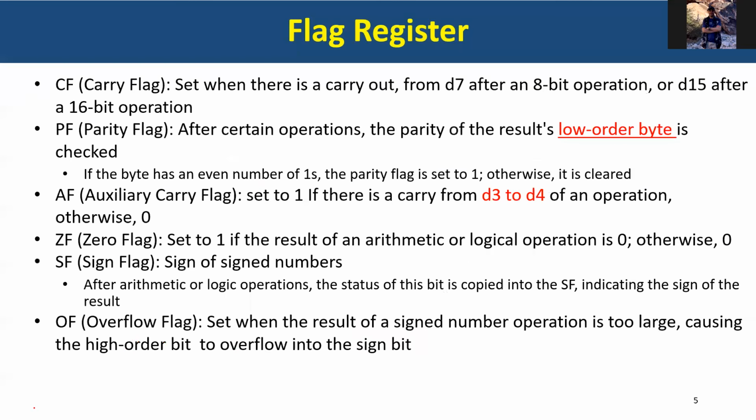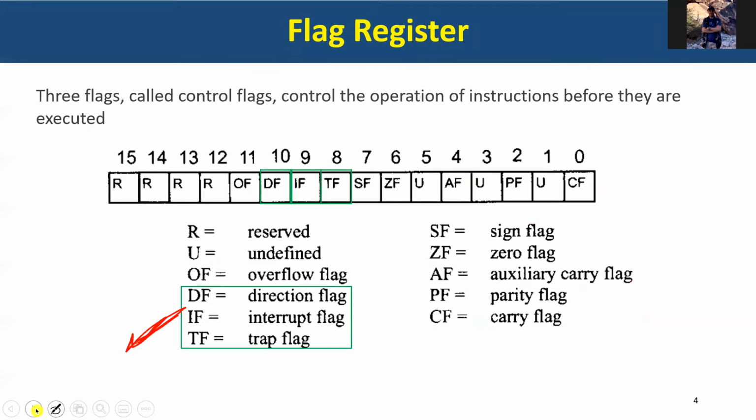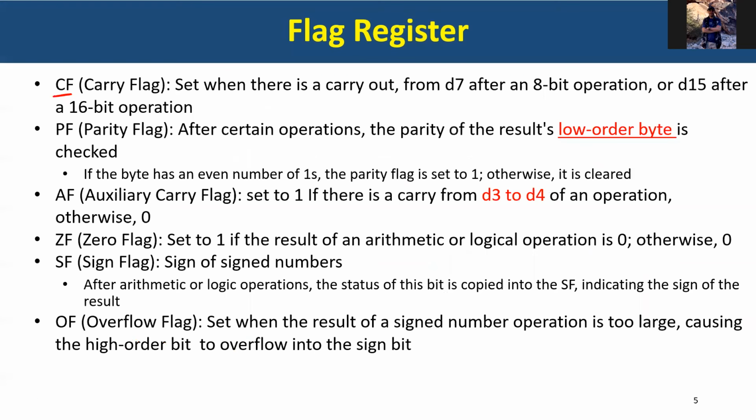So let's delve into the ones in red, which we use a lot with arithmetic and logic operations. Number one is the carry flag. The carry flag is set to 1, I mean this bit here will be 1, under certain circumstances.